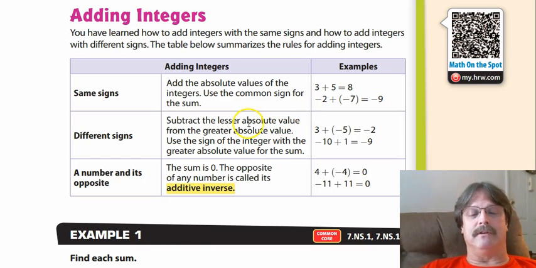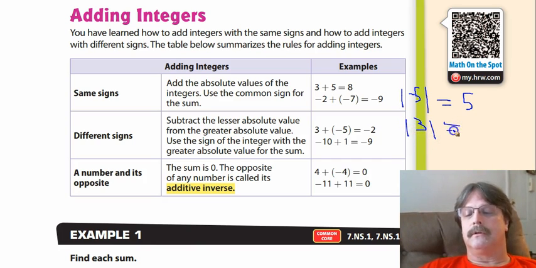What happens if you have different signs here? So you subtract the lesser absolute value from the greater one. So we're going to take the absolute value of negative 5, and that equals 5. I take the absolute value of 3, which is going to equal 3.